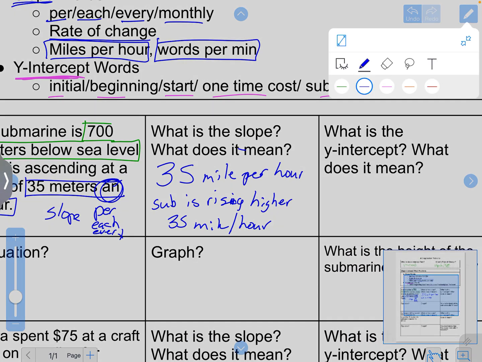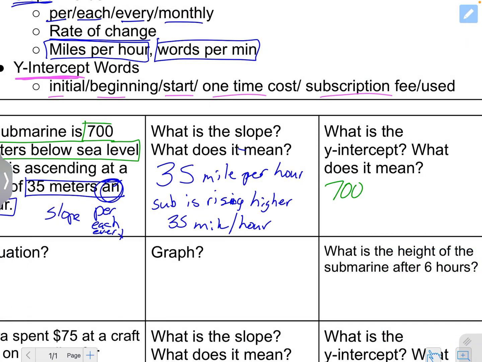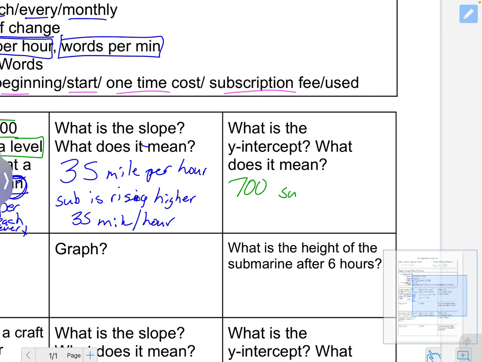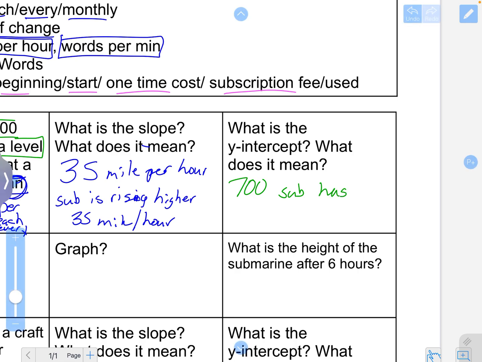Our y-intercept is 700. What it means is that the sub has started 700 meters below the surface.